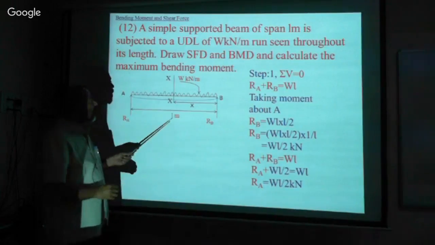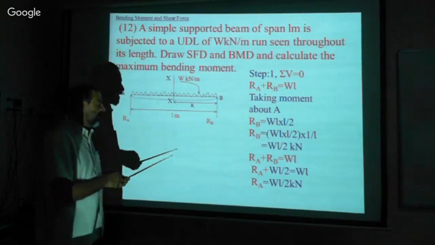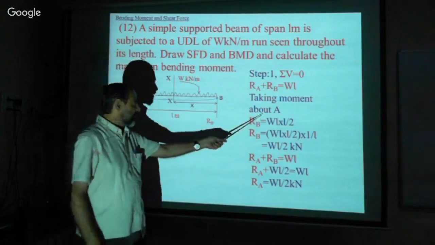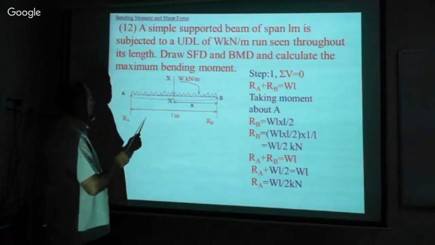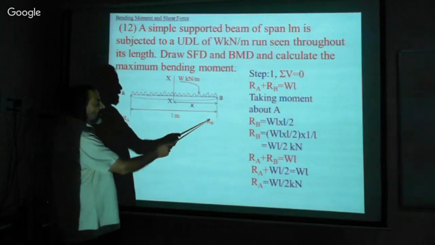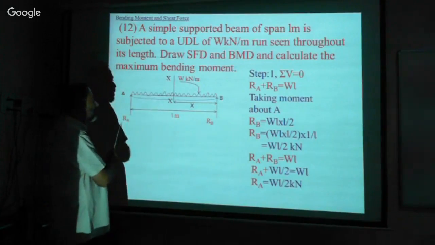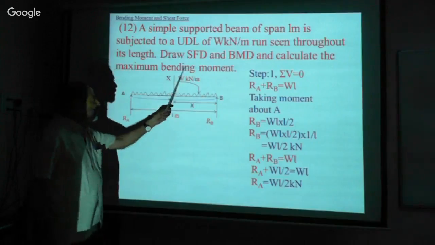Now, after solving this, we will get RB is equal to WL by 2, and RA is also WL by 2. Total load is WL.